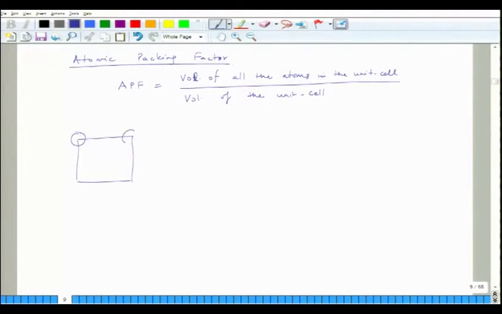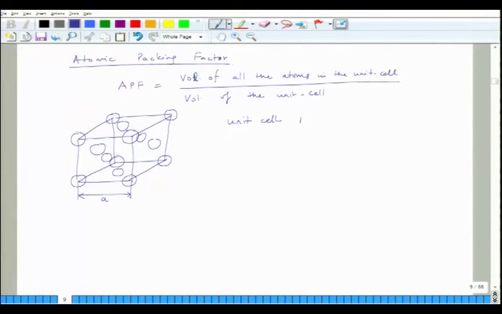In case of FCC, you have a situation like this. I will not draw the atoms touching each other, but they do touch each other, for the sake of illustration. So, in case of FCC, let us say the unit cell parameter is A and the radius of an atom is R. I know that the atoms touch along the faces.